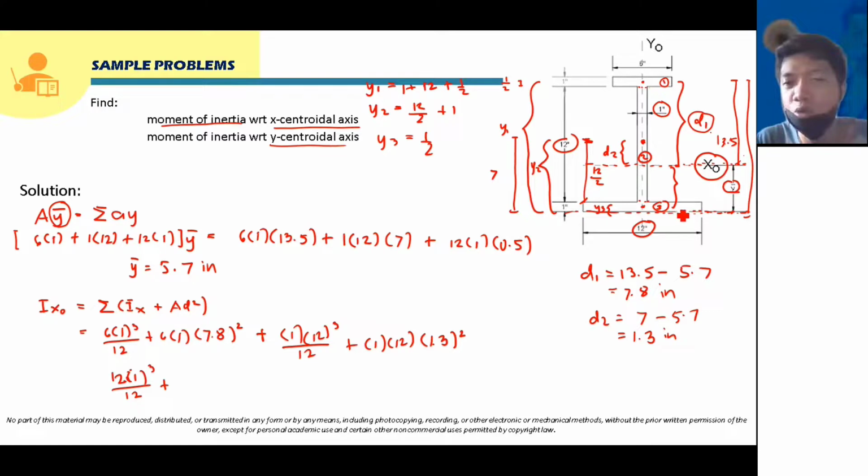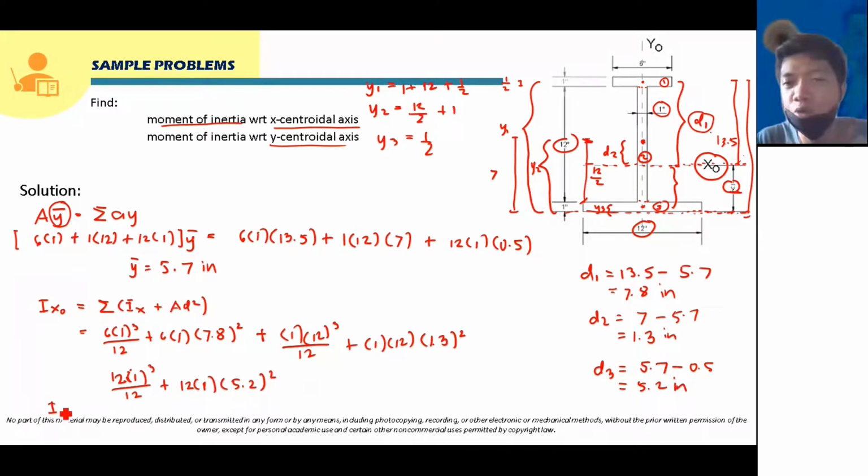So what will be this distance? 5.7 minus 0.5. That 5.7 is your y bar, and then we subtract half of 1 for the location of the centroid. So that is 5.7 minus 0.5, which is 5.2 inches, squared. The area for area 3 is 12 times 1 and the distance d is 5.2 squared.